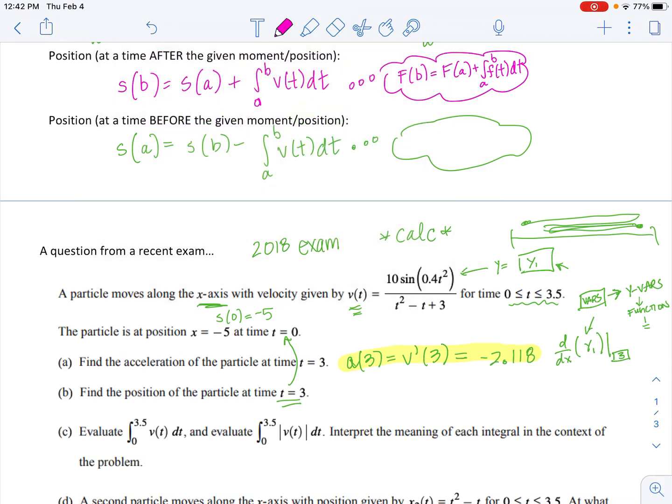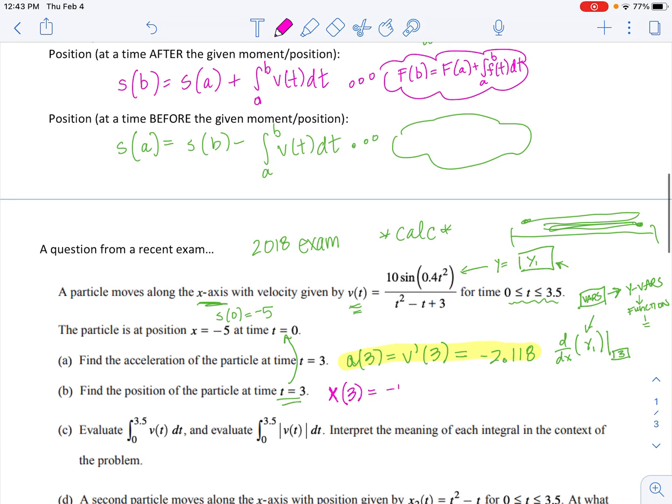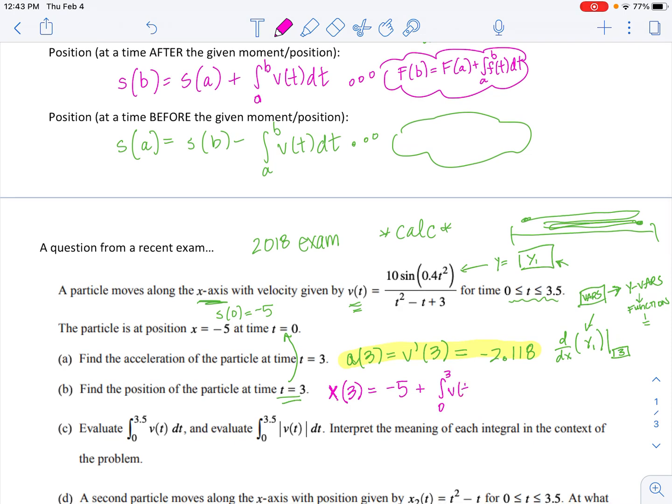So actually, let's use x for position. x of 3 is equal to, we don't have to write x of 0, but that's what we mean. So we just put in the -5 plus the integral from 0 to 3 of velocity.